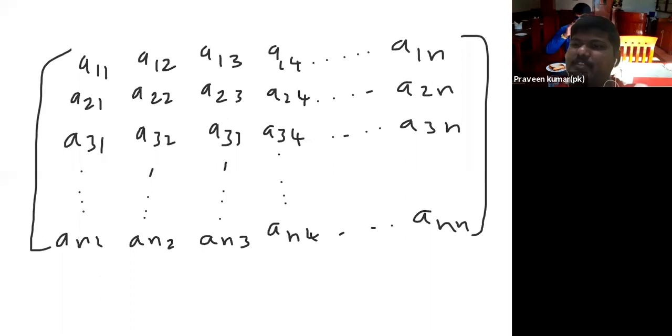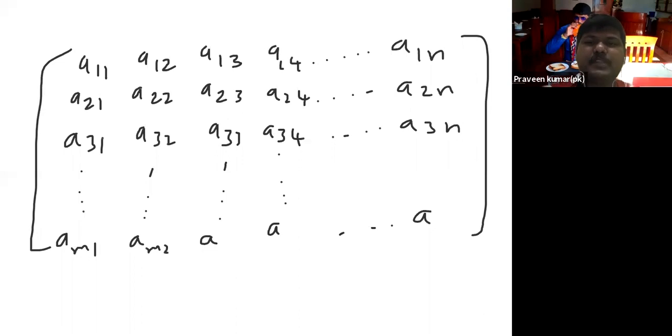What is the order of this matrix means? N rows, N columns, N cross N. Understand? Or once again, I will say like this to you. This is M1 I can consider. Then order will change because we don't know whether these two are equal now. Sometimes M1, M2, M3, M4, last is Mn.